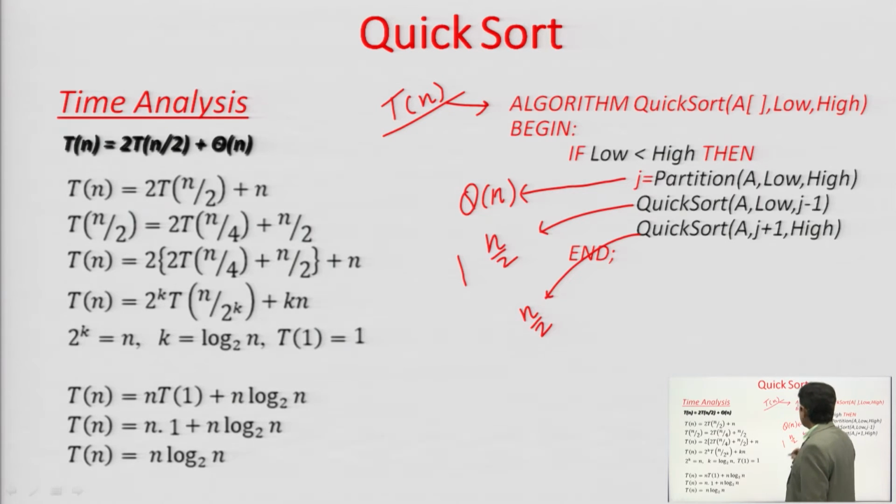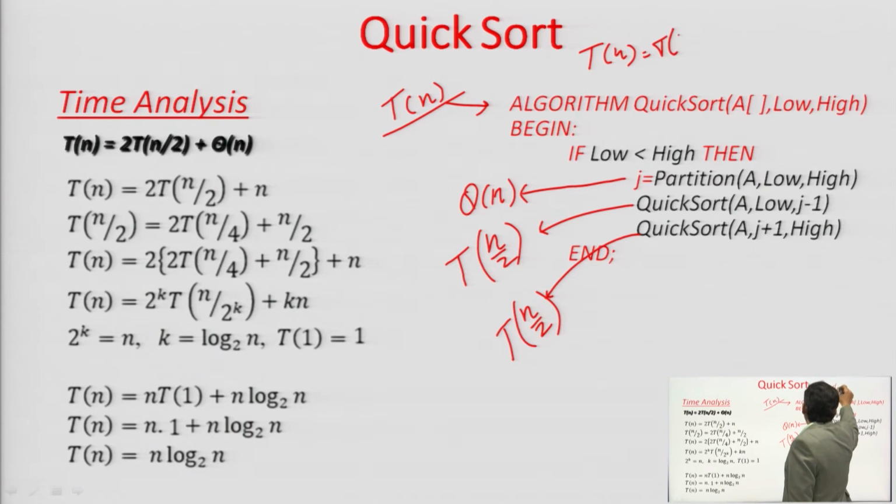When you are dividing this into two parts, n by 2 and n by 2, we will again perform the quicksort on an n by 2 size array and another n by 2 size array. So, let us say T(n/2) denotes the time complexity of quicksort on an n by 2 size array. Similar will be here as well. So, you now have a recurrence as T(n) is equal to T(n/2) plus T(n/2) plus theta n.